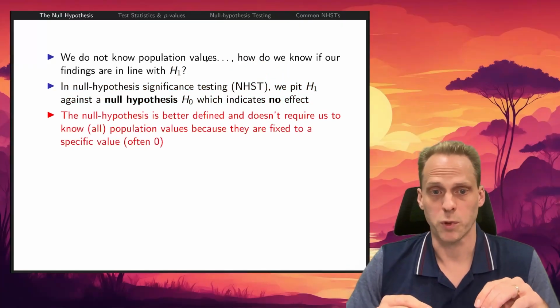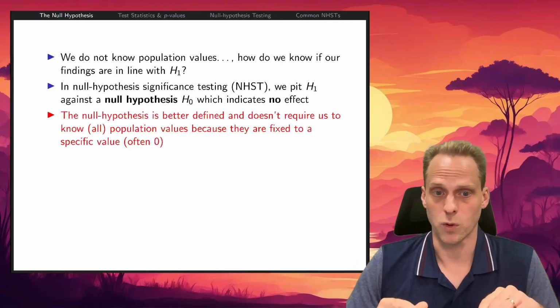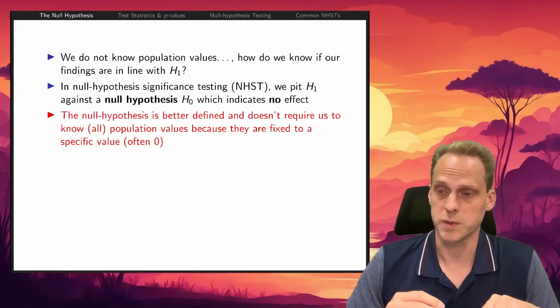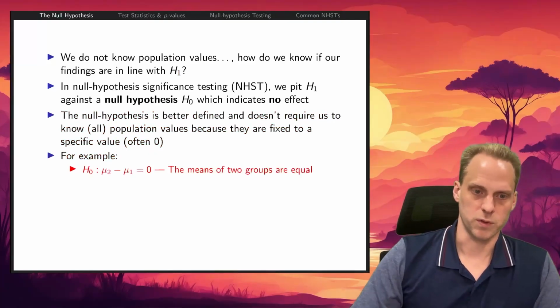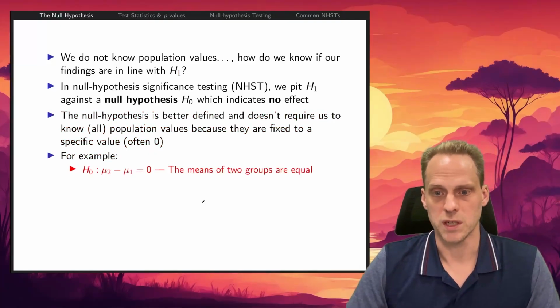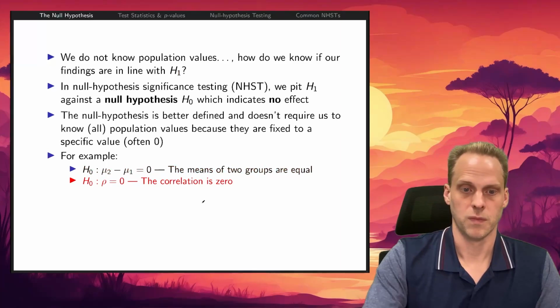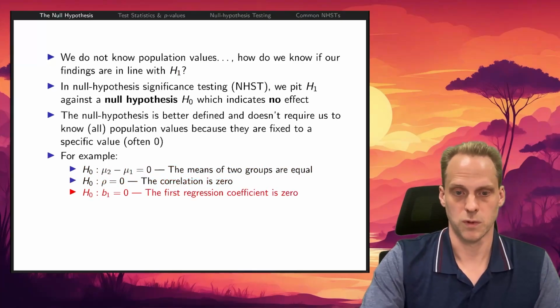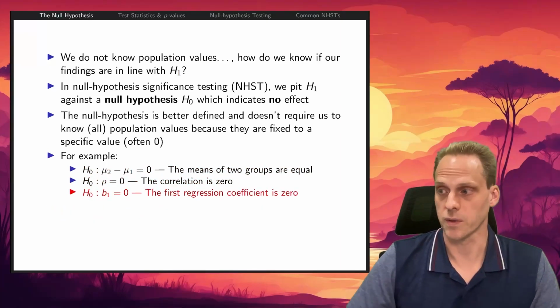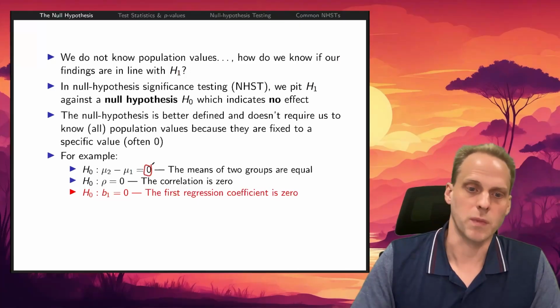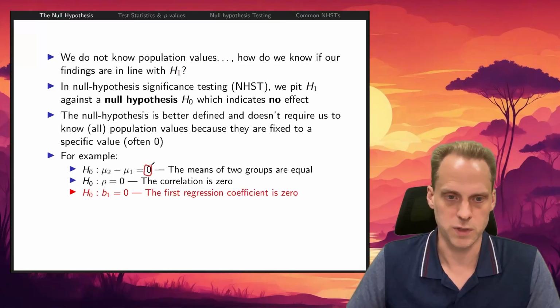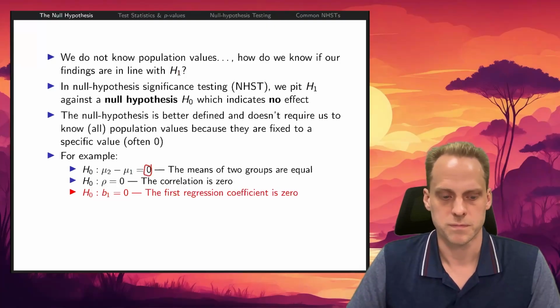The null hypothesis is better defined, and it doesn't require us to know all the population values because they are fixed to a specific value, especially the mean. For example, the difference between two means equals 0, or the correlation equals 0, or the first regression effect equals 0, etc. It doesn't have to be 0. It could be some other value that you're interested in. For example, the proportion is 0.5, but often it's 0.